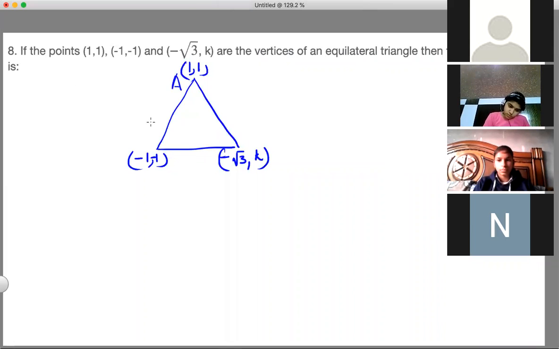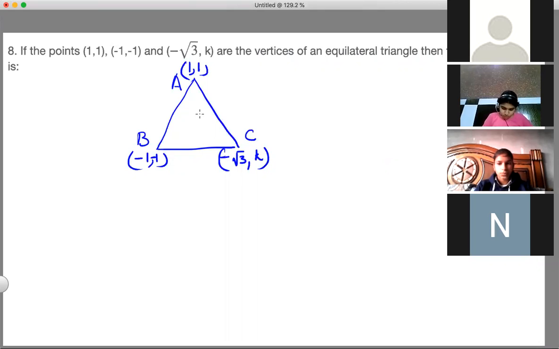You can do anything, any of those will give you the same result, right? However, my suggestion here is that it might be easier to equate AC is equal to BC.